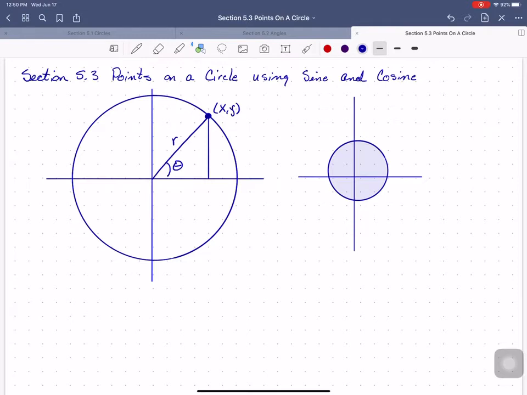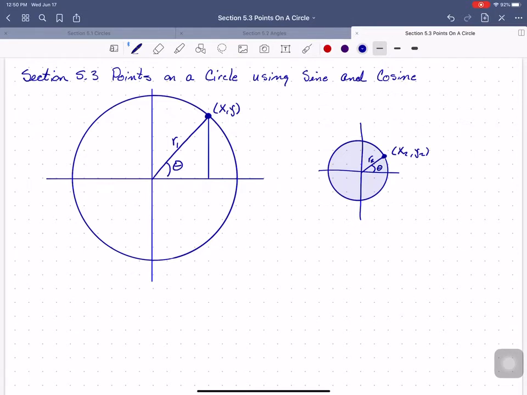So this is a different radius and a different point, but the same angle. So pretend that these are the same angles. Theta is equal to theta.